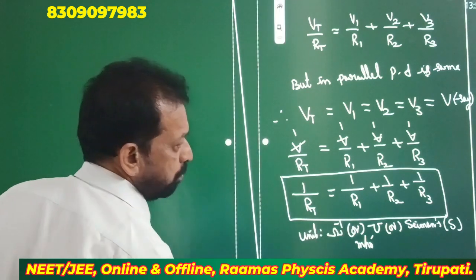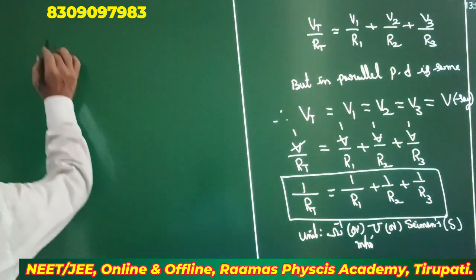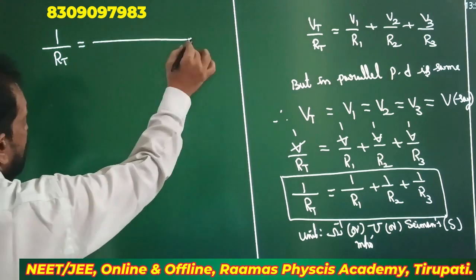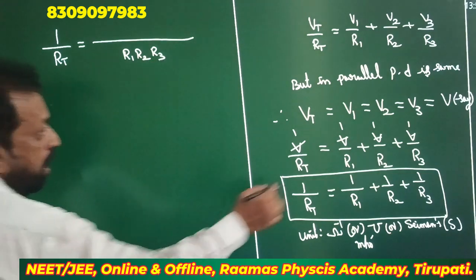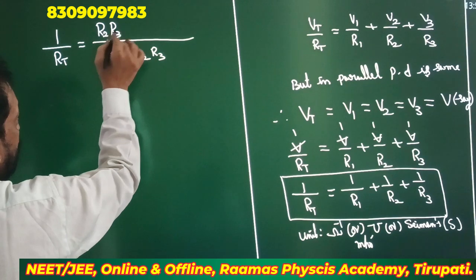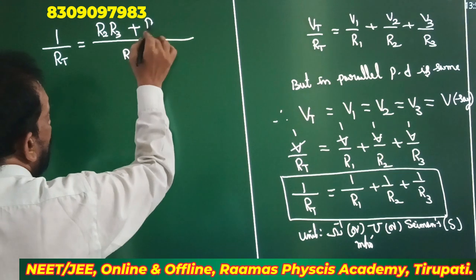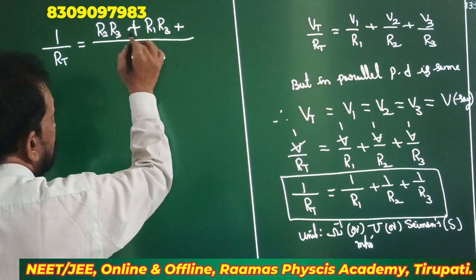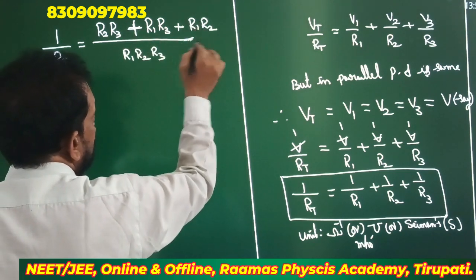These are not ohm, still mho only. 1 by RT is equal to the LCM, R1 times R2 times R3: R2 into R3 plus R1 into R3 plus R1 into R2.